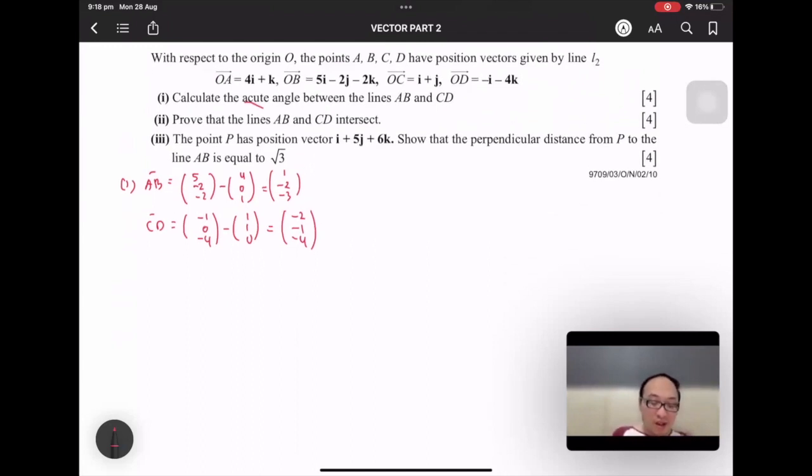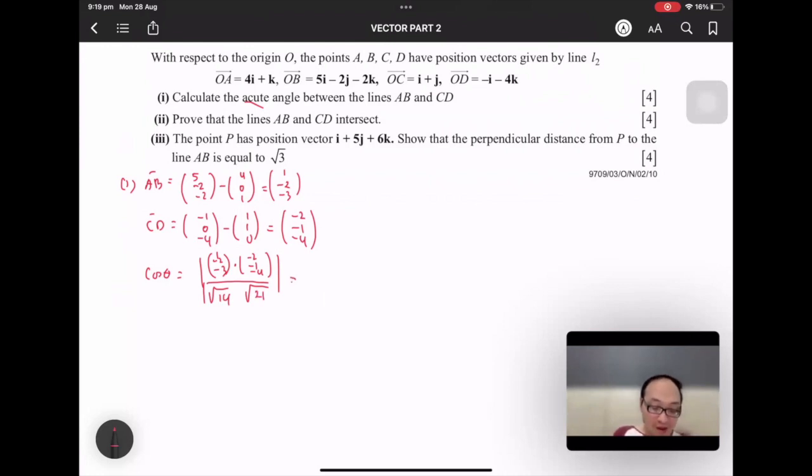Acute angle, so we can find cos theta equals the absolute value of 1, -2, -3 dot -2, -1, -4, over the magnitudes. 1 plus 4 plus 9 is 14, square root of 14. 4 plus 1 is 5, plus 16, so 21.